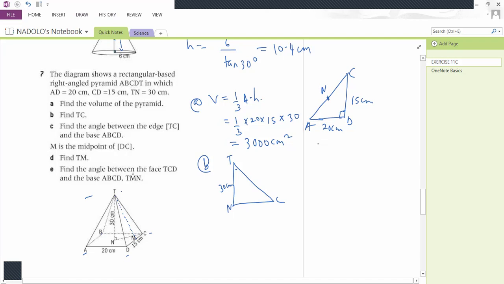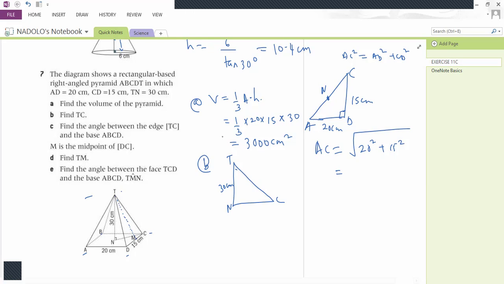Use Pythagoras theorem that AC will be given by square root of 20 squared plus 15 squared. I started here, AC squared is equal to AD squared plus CD squared. So if you only want AC, you're going to do square root of the sum of the squares of the two lengths. So you can use your GDC and you will get your answer here as 25.